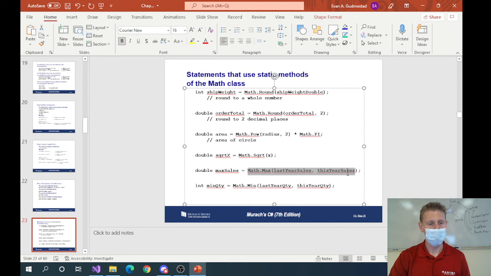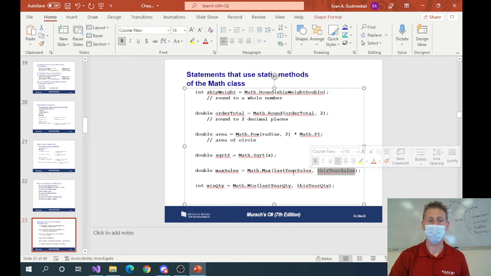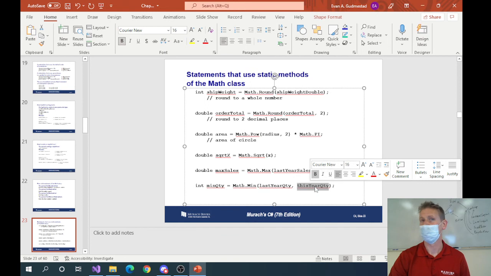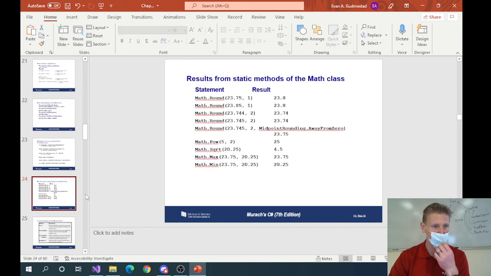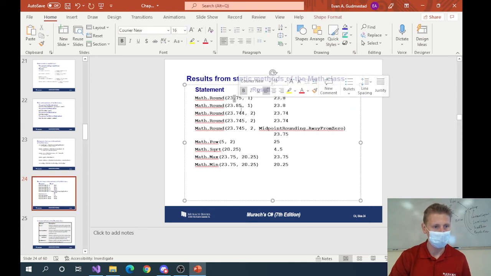Hey, I've got 2 numbers. Which yearly sales was more, this year or last year? So you could pass in variables here. Which was our slowest quarter, this quarter or last quarter? Good little demonstrations there. Bunch of examples on how to round to 1 decimal place, 2 decimal places. Kind of demonstrated that.